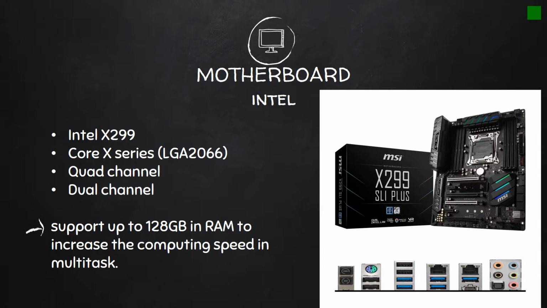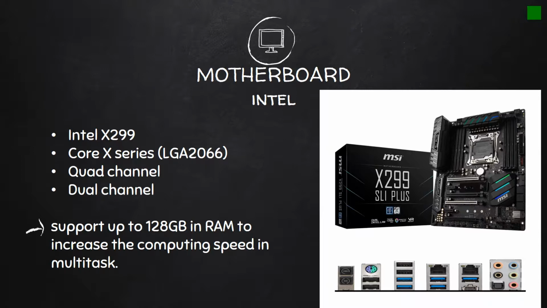Secondly, we have the motherboard. Inside the computer, the motherboard usually connects to the processor via sockets, and therefore it is very necessary to choose a suitable CPU that matches the socket on the motherboard. Here I chose the MSI X299 because it perfectly matches the Intel Core i7 that I picked.